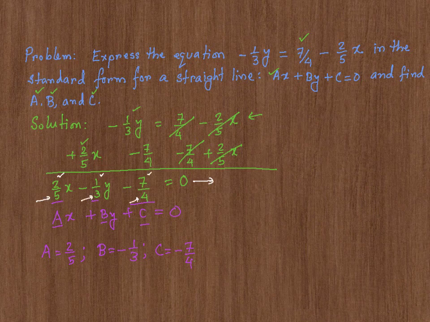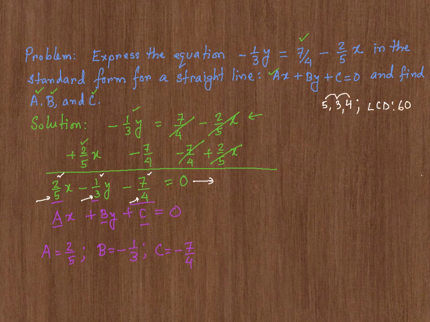The LCD of 5, 3, and 4: all these numbers are relatively prime, meaning they don't have any factors in common except for 1. So 5 times 3 is 15, 15 times 4 is 60.